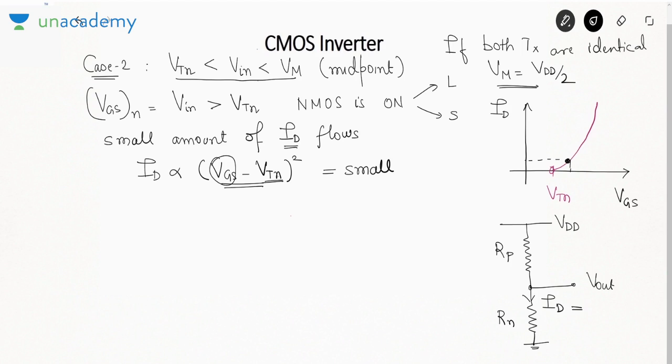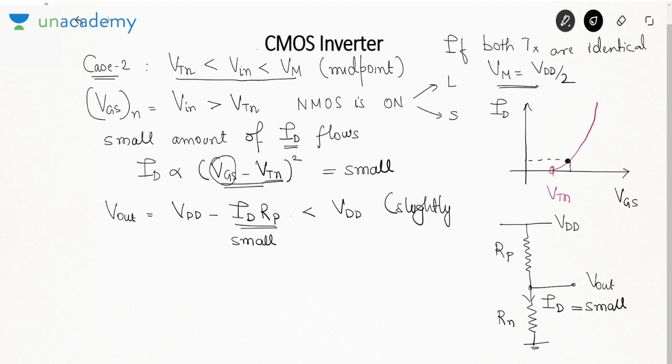This current ID, I know it is very small. So what you can say, Vout is VDD minus ID into RP. So this value will be small because ID is small. So this is less than VDD, or you can say slightly less than VDD.